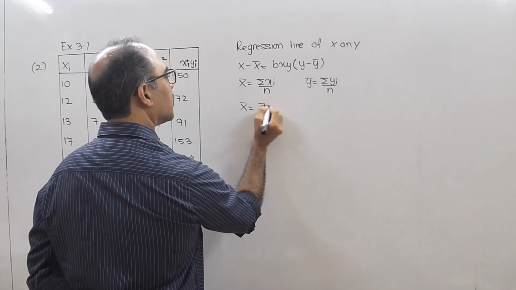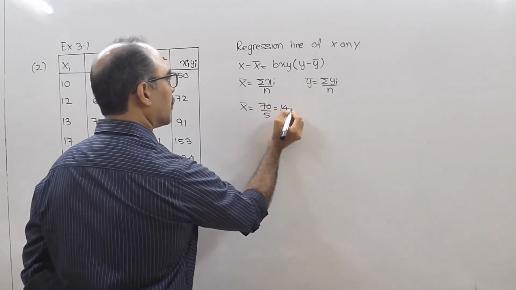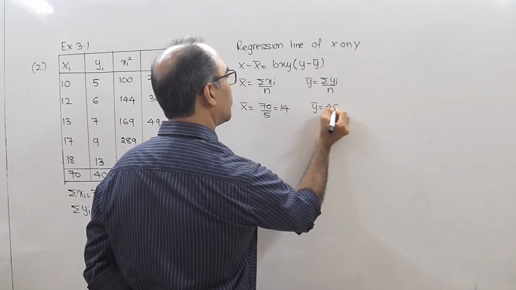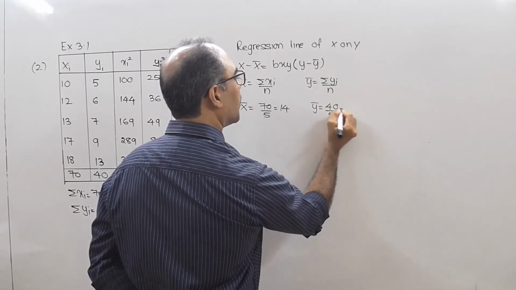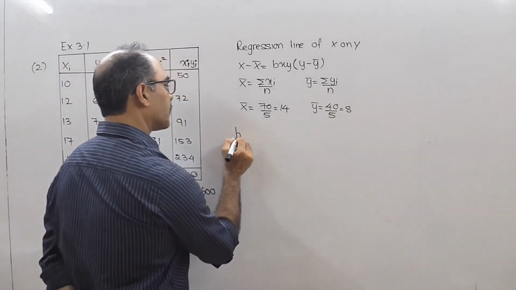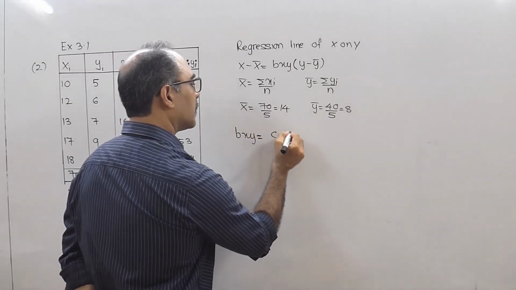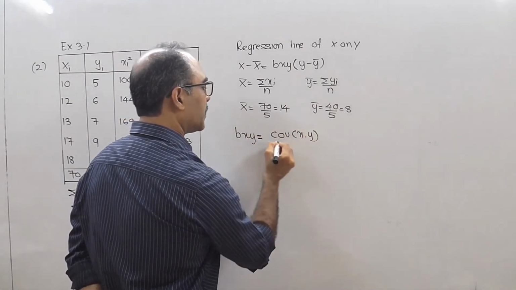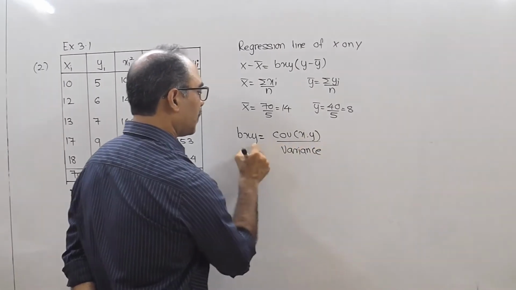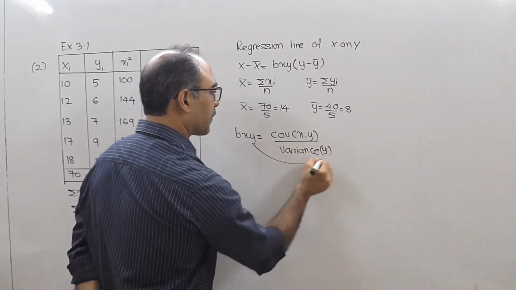This is 70 upon 5, that is equal to 14, and y bar equal to 40 upon 5, that is equal to 8. Now bxy, the standard formula is covariance of xy upon variance of, what is the last alphabet? Y. So it will be variance of y.